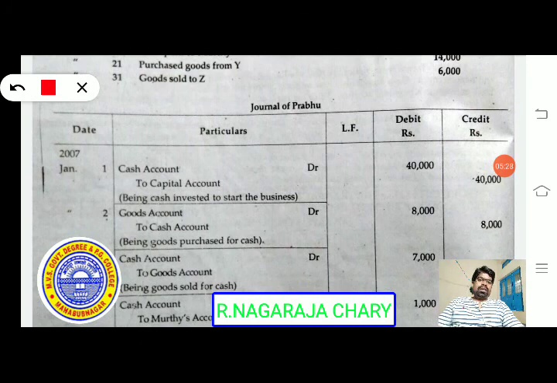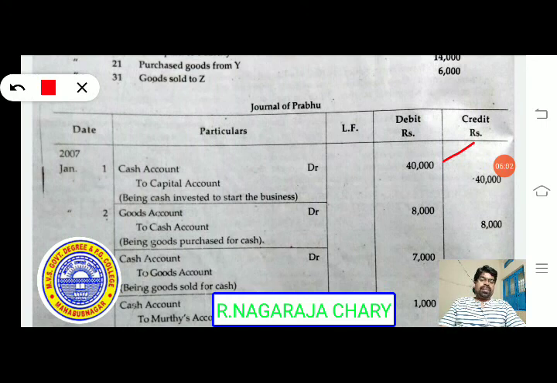In the view of business entity, we have to take this transaction. We are receiving cash into the business. That is why cash comes under real accounts, and cash is to be debited according to the real account principle: debit what comes in, credit what goes out.